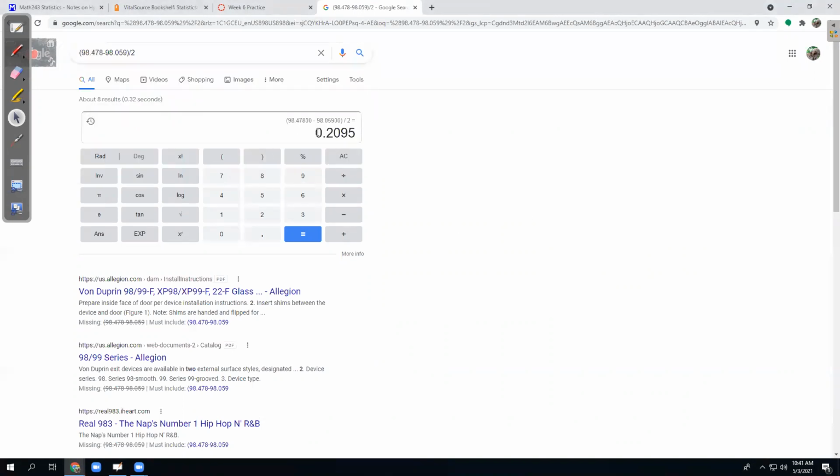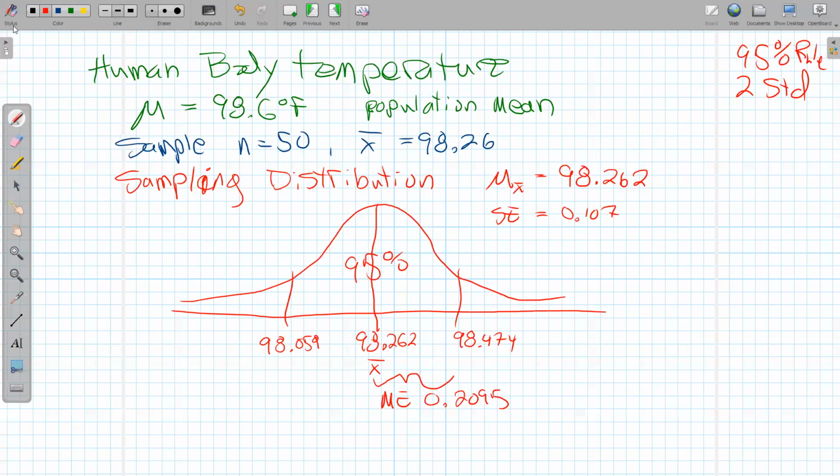And I was just going to go over how to double check, because every once in a while I misspeak or mistype, and I'm sure you guys have a similar problem. To check that I got the right margin of error here, I compare it to the standard error. If I'm using the 95% rule, that means 2 standard deviations on each side. So from the middle to here should be about 2 standard deviations, which is the standard error on this graph. And the standard error is 0.107.